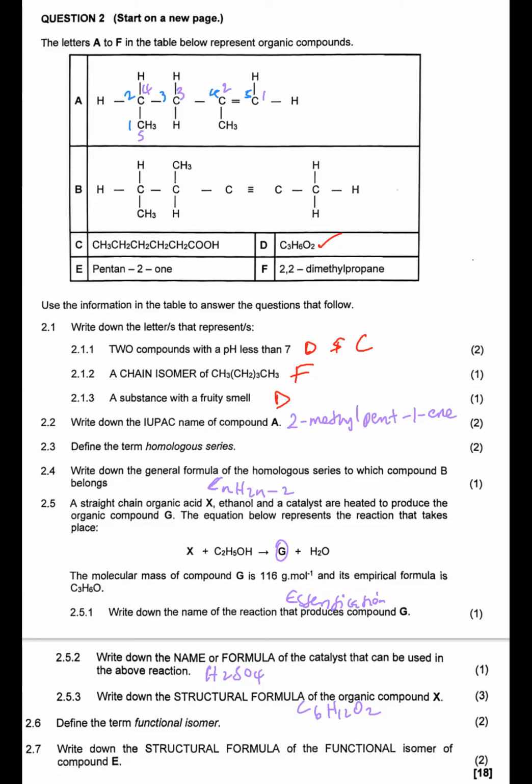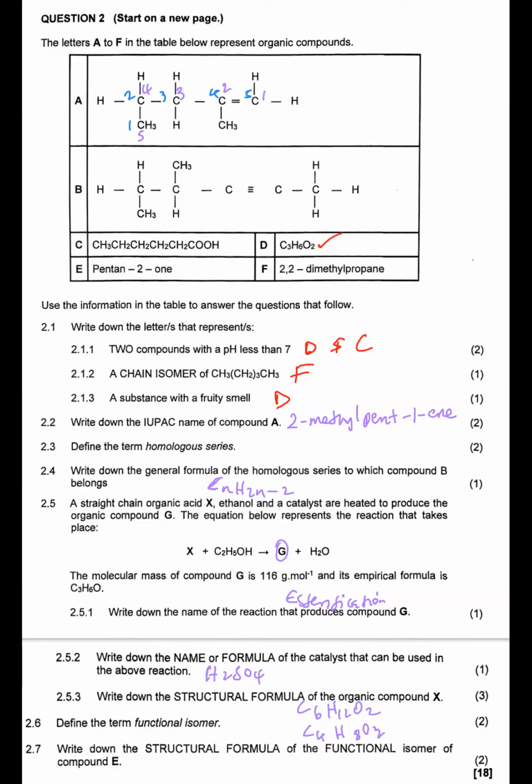C4. It must be C4. I just want the molecular formula. C6H12, which means 12 minus 5 is 7.